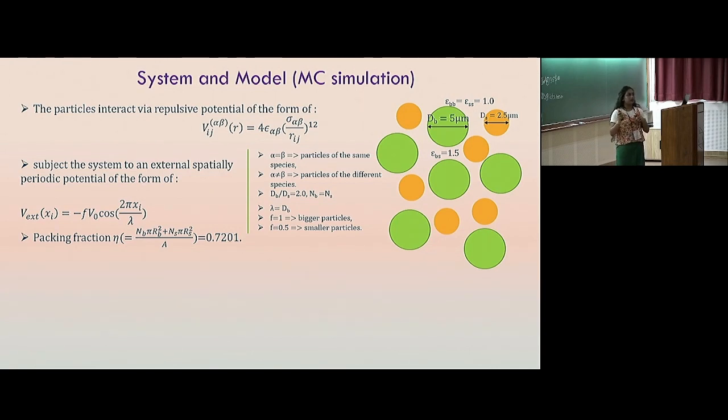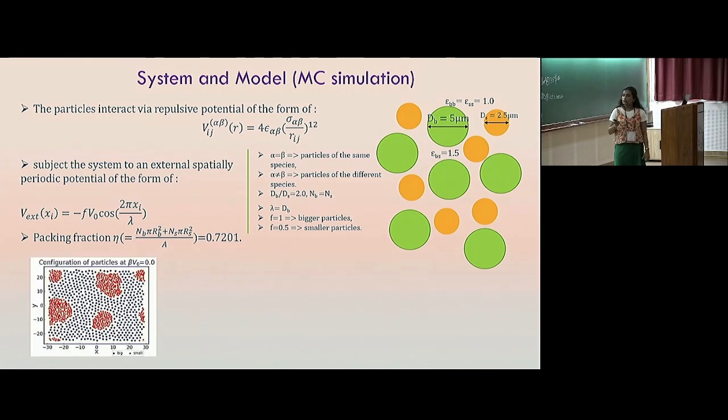So different species repel more. We simulate the system using Monte Carlo simulation, and we observe that big clusters of the smaller particles, the red ones here, form within a background of the bigger ones, the blue ones. This is of course due to the interaction potential that we take.